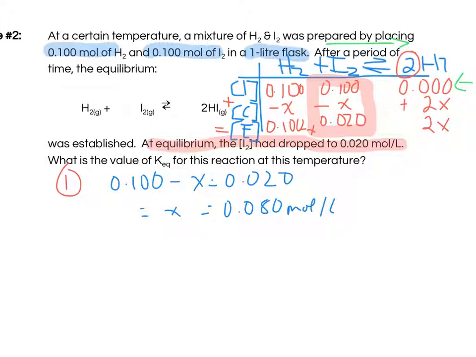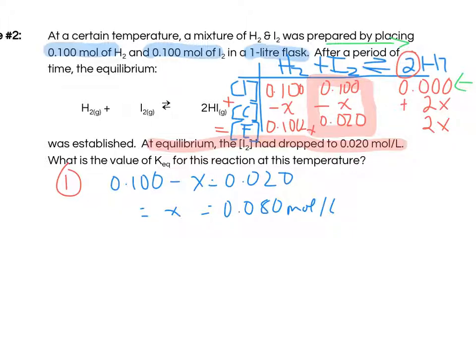But since I know the expressions for I2 and H2 are exactly the same, I think it's fair to say that my concentration of H2 is also going to be 0.080 at equilibrium. Nope, that's not fair to say. Let me back up that truck. It's not fair to say that, simply x is equal to that.